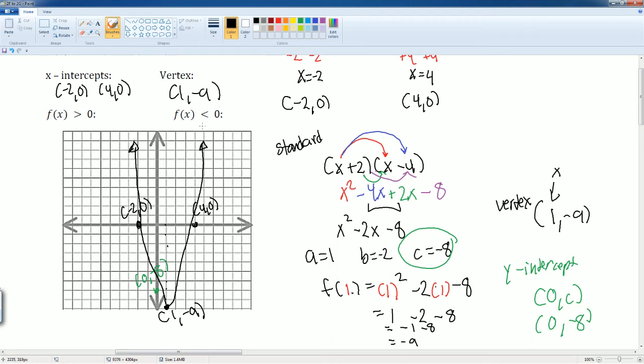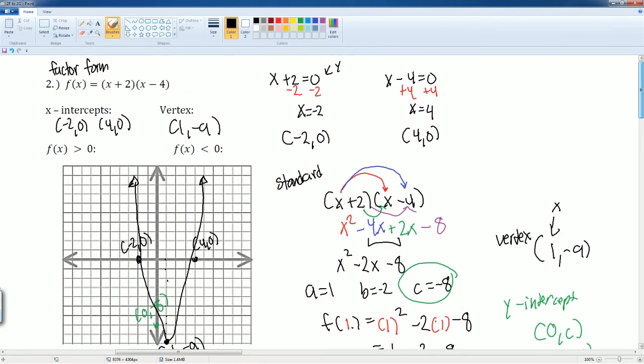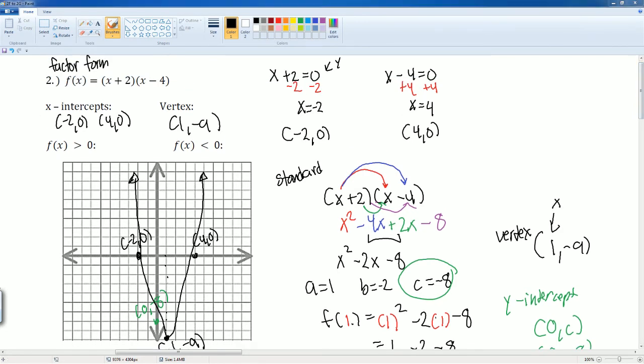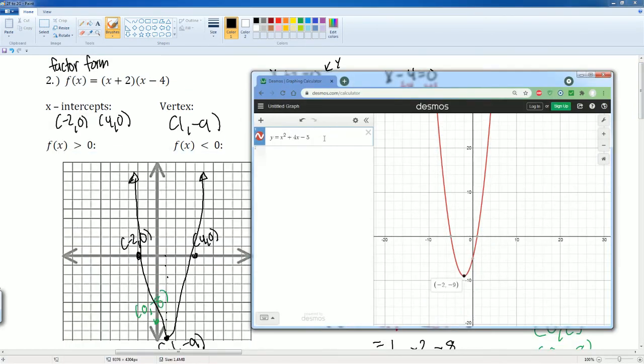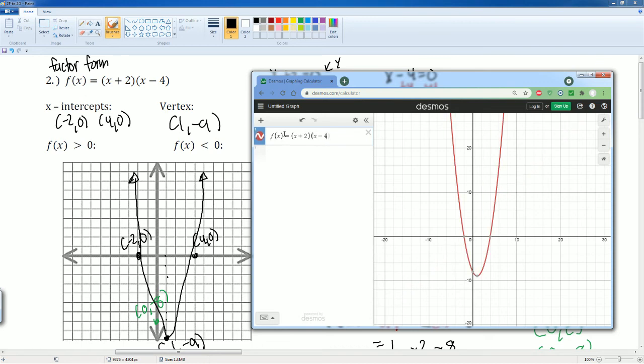All right, so let's double check by graphing this on Desmos and double checking our work. x plus 2, and f of x is equal to x plus 2 and x minus 4.